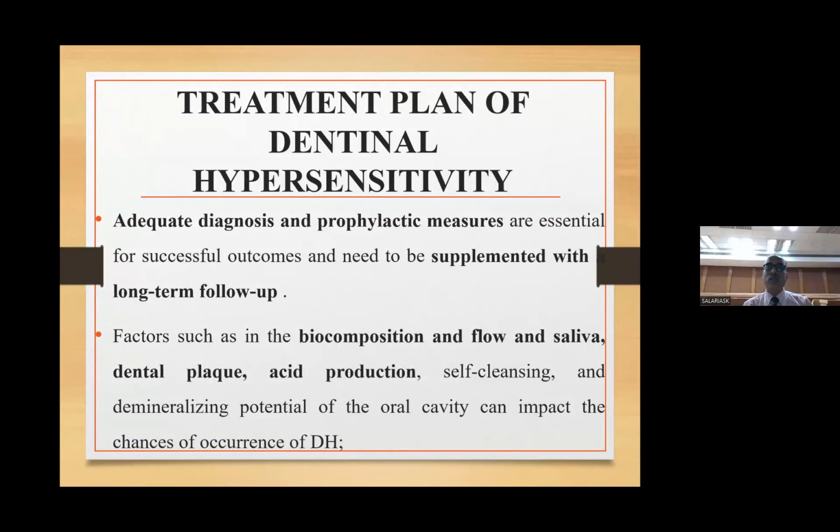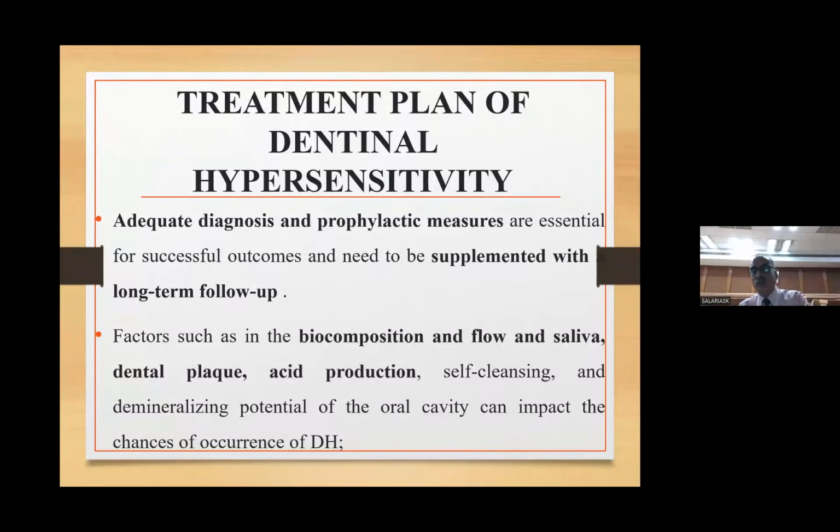We should proceed with adequate diagnosis, and once the diagnosis is achieved, almost 90% of the management of dentinal hypersensitivity is in your hand, and then you can plan the best treatment available in the literature. There are factors such as biocomposition and flow of saliva, dental plaque, acid production, self-cleansing, and demineralizing potential of the oral cavity that can also impact the chances of recurrence.